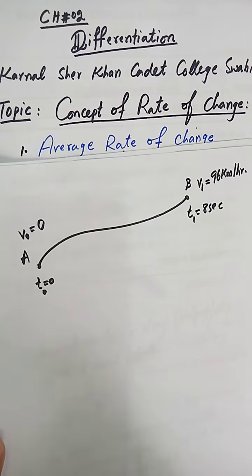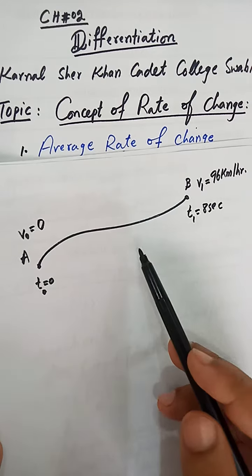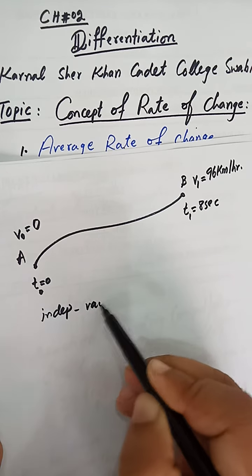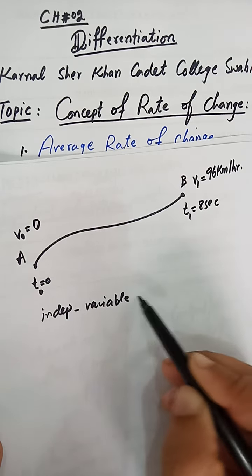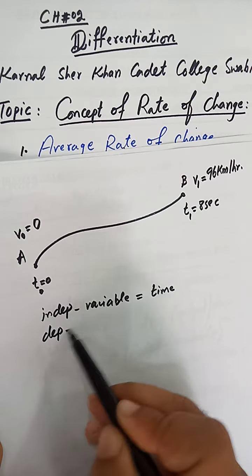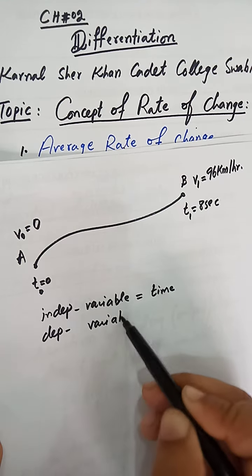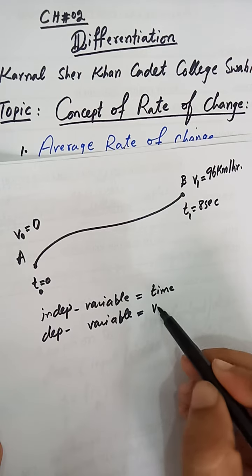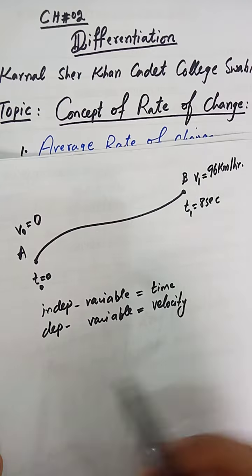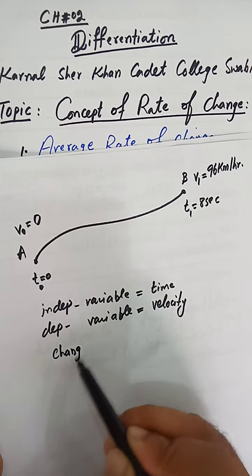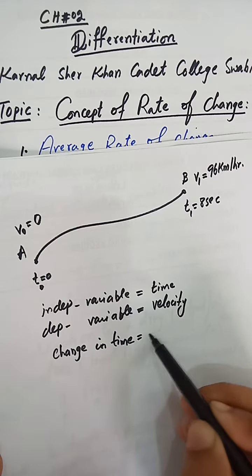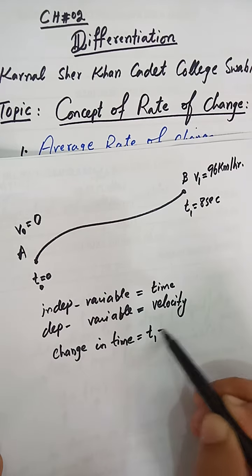So you see that velocity depends on the time. So here the independent variable is time, and the dependent variable is velocity. The change in time will be calculated by taking the difference t1 minus t naught.